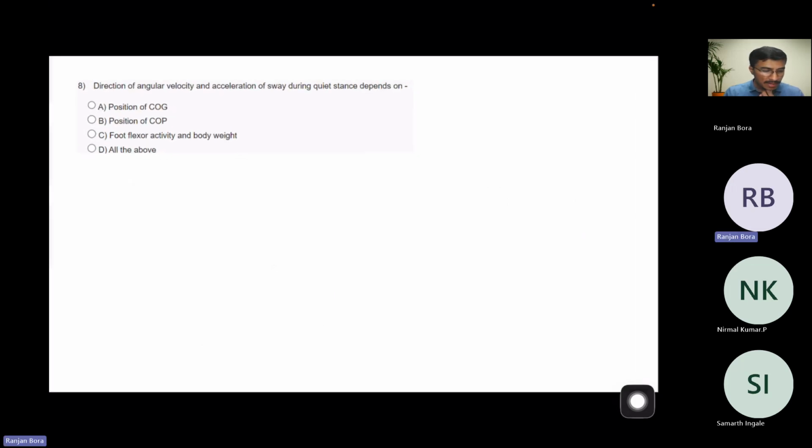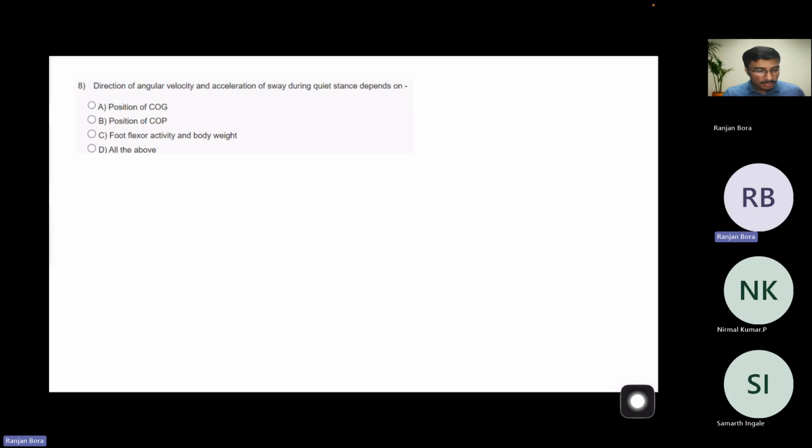And next is: direction of angular velocity and acceleration of sway during quiet stance depends on. What is the answer?